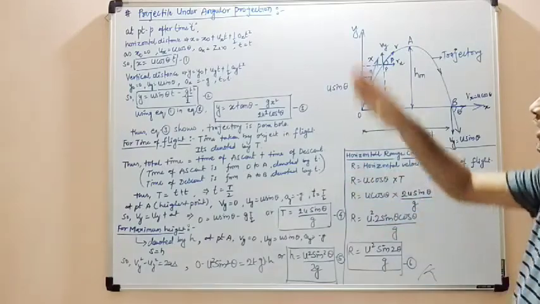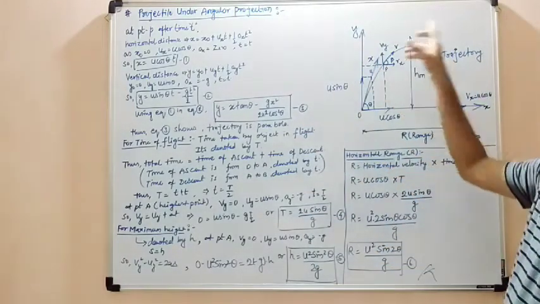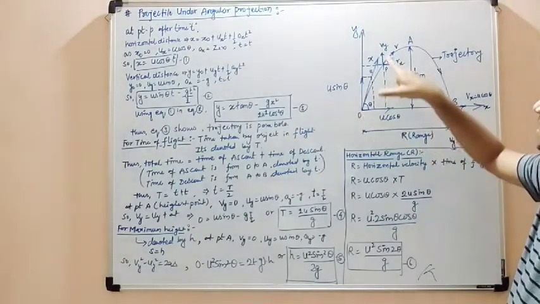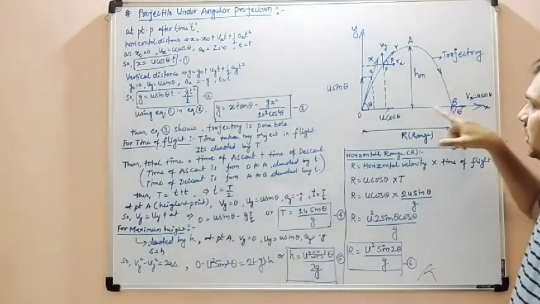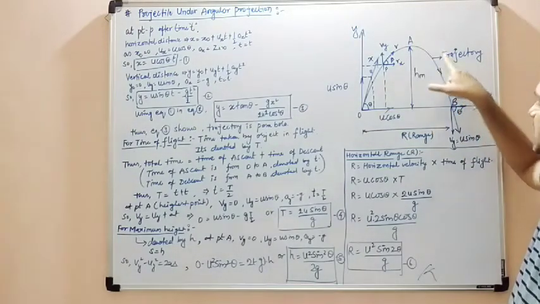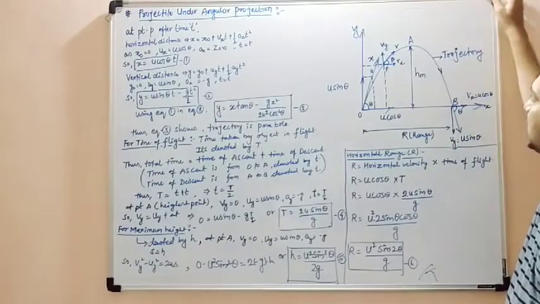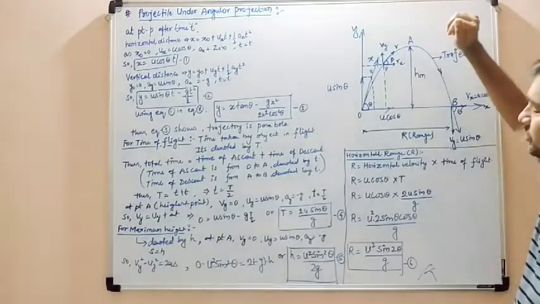Before going to the further derivation, we have to understand this diagram very well. A particle projected with an angle theta follows a semicircular path and lands at point B on the x-axis. Point A is the maximum height, the highest point.